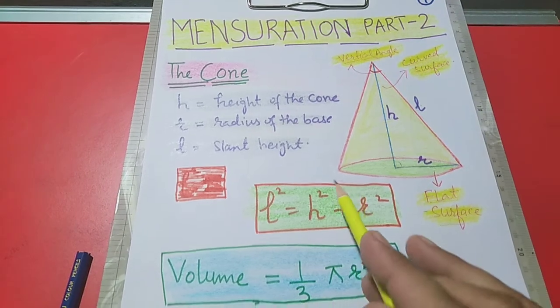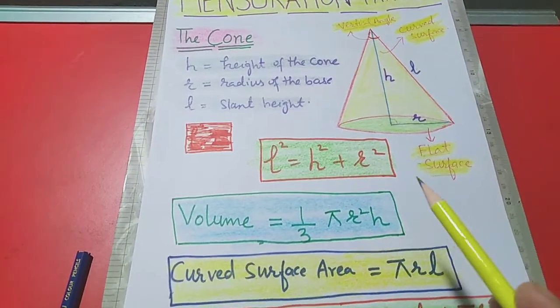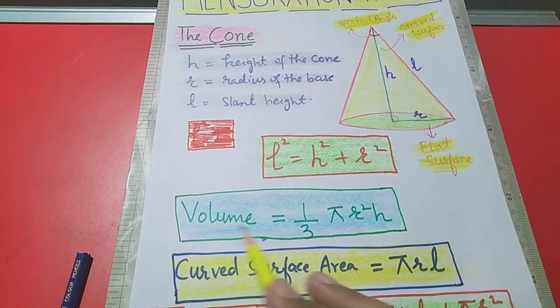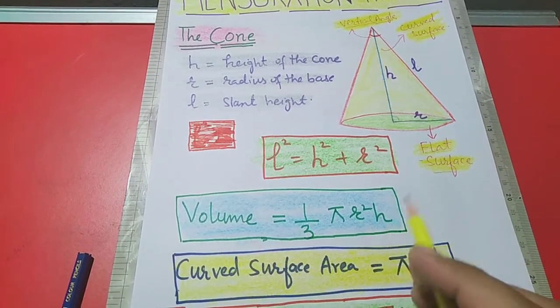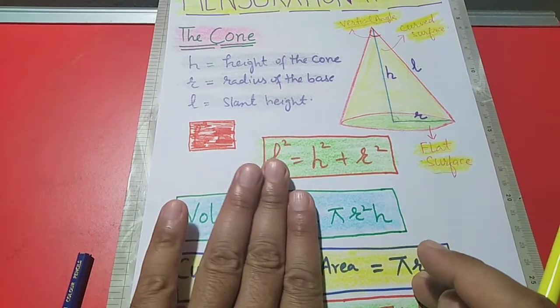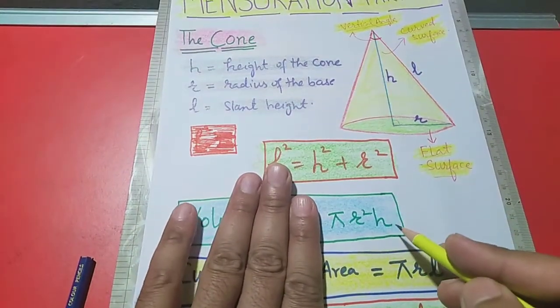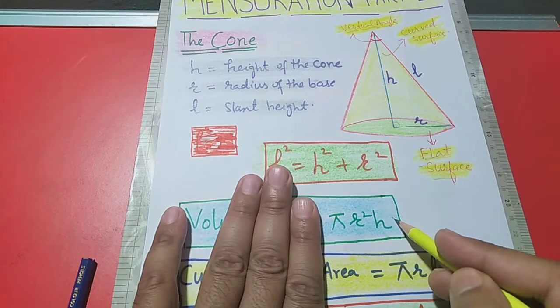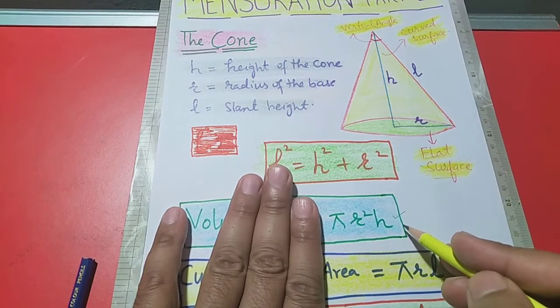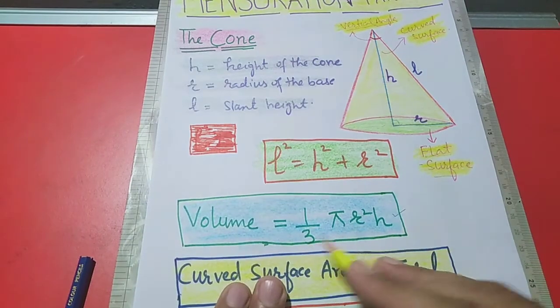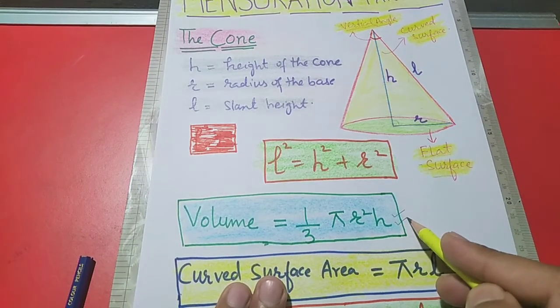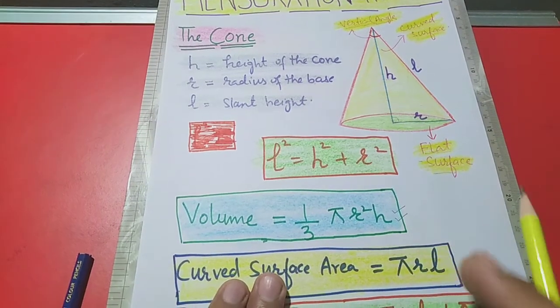Now see this formula. This formula is for volume, that is 1 by 3 pi r square h. If I hide the 1 by 3, I think you remember this was the formula for the volume of the cylinder. So if I add 1 by 3, then it is the volume of the cone.